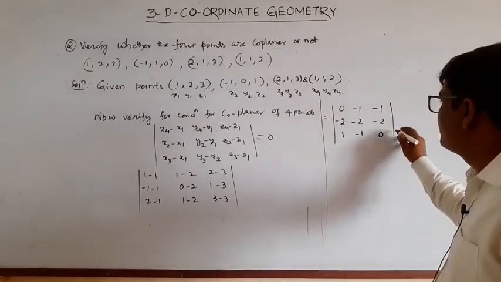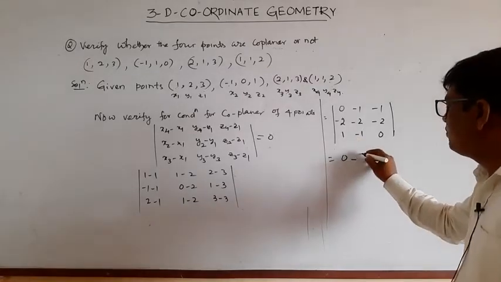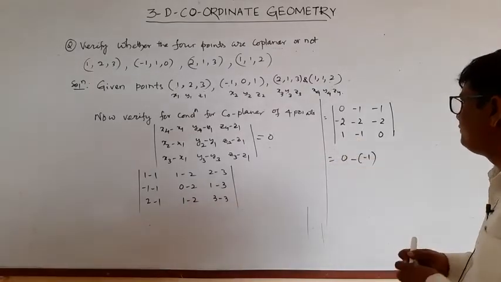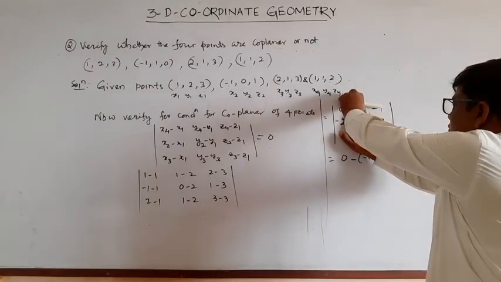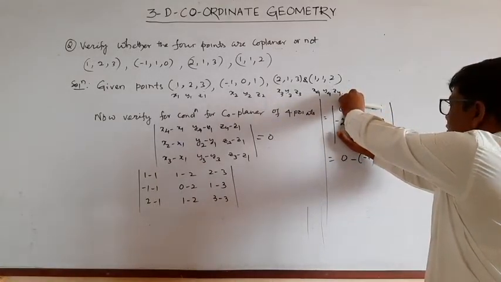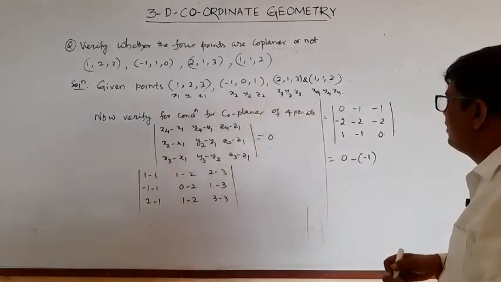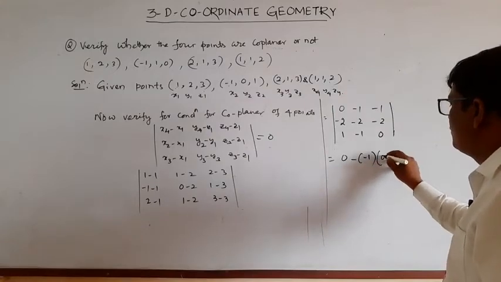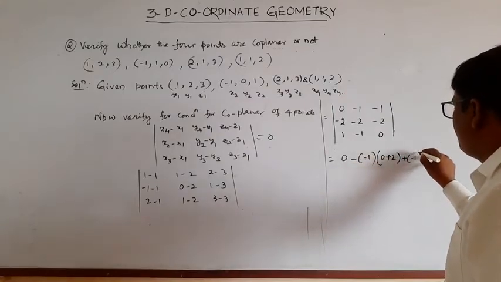Now expand this. 0 into the minor, so 0 minus of minus 1 into what? 0 plus 2. 2 into minus 2 into 0, and 1 into minus 2 minus 2. Minus plus minus 1 into what?